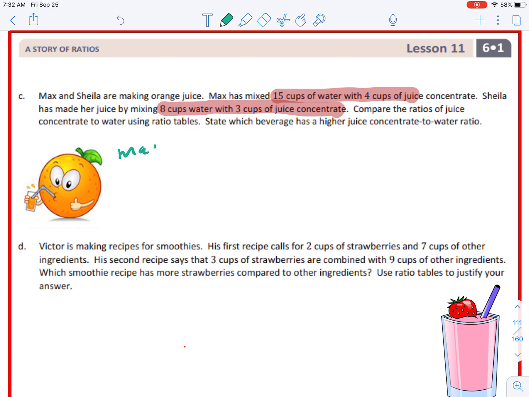I'm going to make a ratio table for Max and one for Sheila. We're comparing juice concentrate to water.